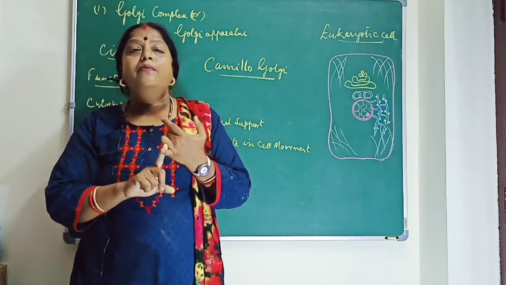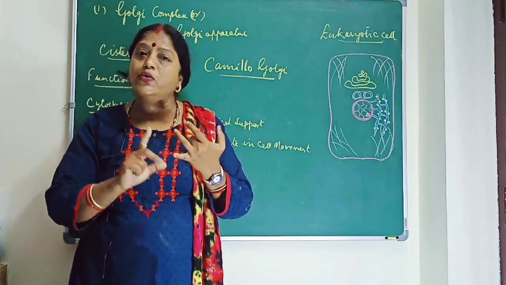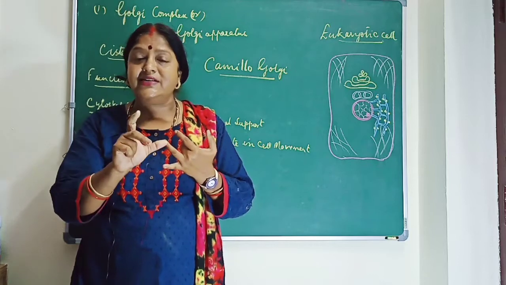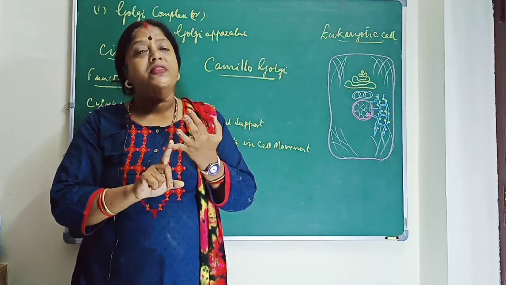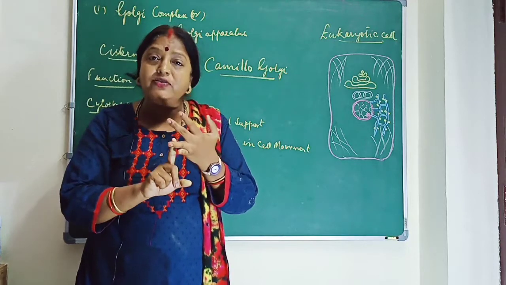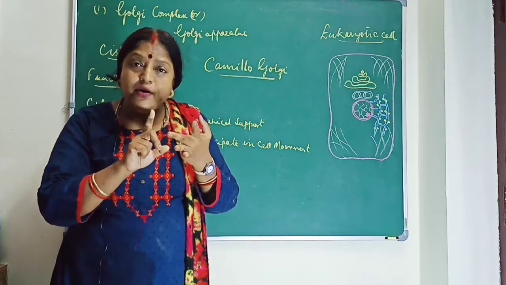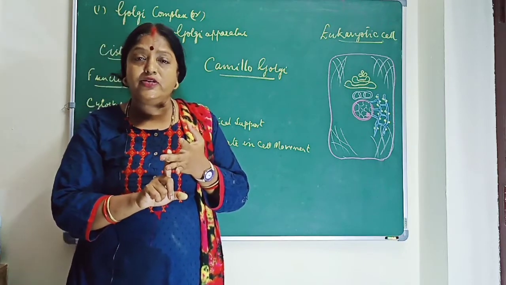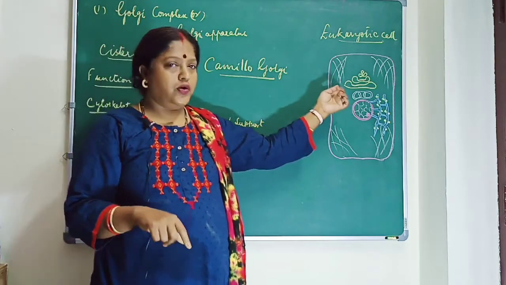It modifies the protein synthesized in the endoplasmic reticulum, stores it, makes sachets and transports them both inside and outside the cell. It helps in the formation of complex sugar from simple sugar, and it is also involved in the formation of lysosomes.